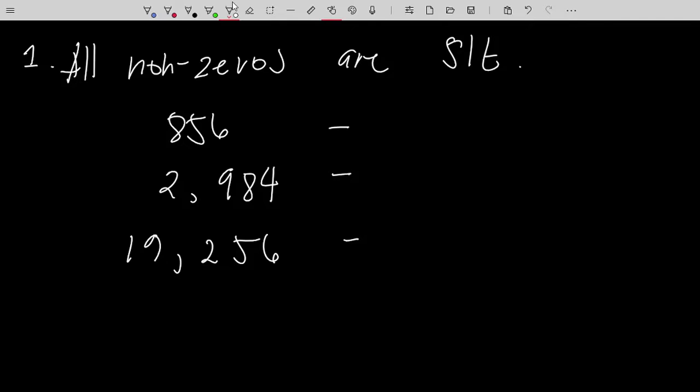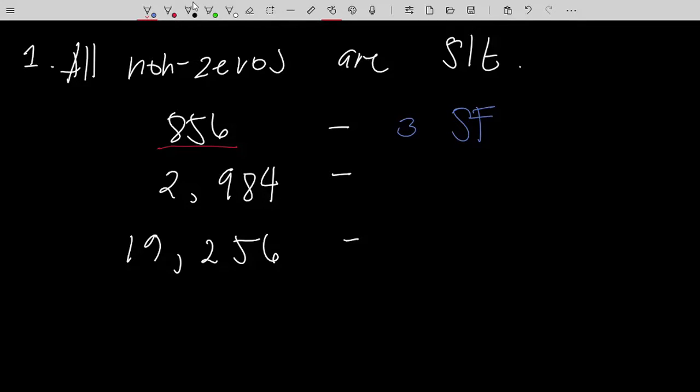For the first example, 856, how many non-zeros do we have? 8, 5, and 6 are not zero, so they are non-zeros, and from this rule, non-zeros are significant. So here we have 3 significant figures.